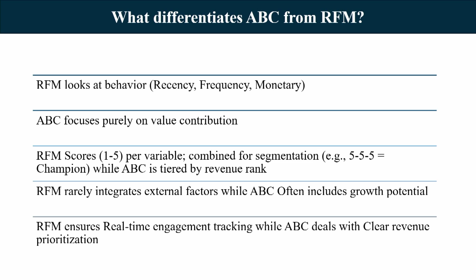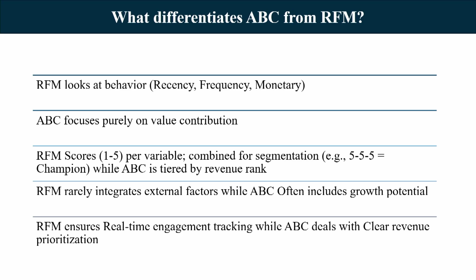So, 5, 5, 5 means excellent in terms of recency, frequency and monetary value, right. In another fashion, ABC focuses purely on the value contribution, typically the revenue rank, without the behavioral layers of recency and frequency.